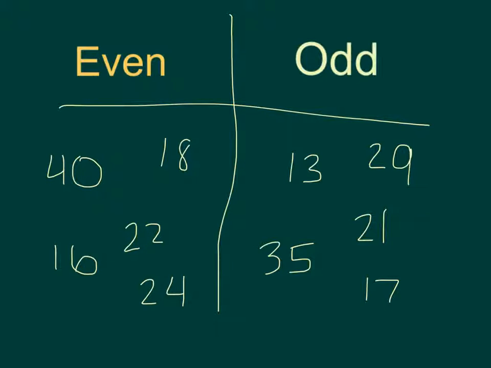I noticed that these even numbers ended with zeros, twos, fours, sixes, or eights. And I noticed the odd numbers ended in ones, threes, fives, sevens, or nines, just like I saw on the table before.